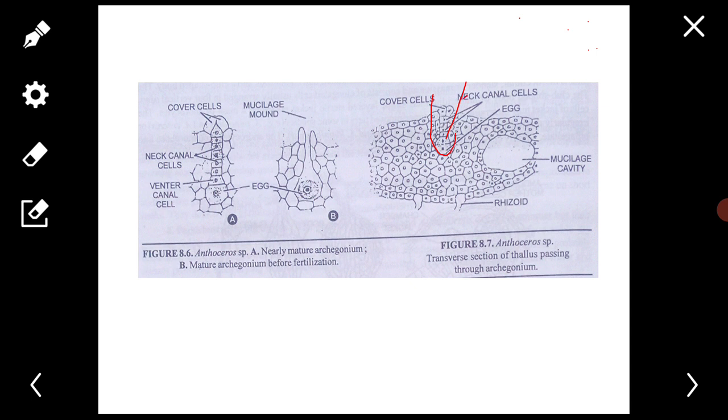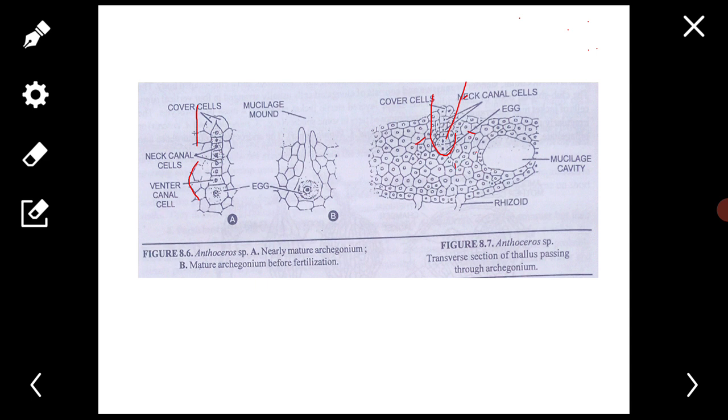The mature archegonium is embedded on the dorsal surface. It is a flask shaped body consisting of a venter and a neck, that is the venter and this is the neck. The cells of venter and neck are in direct continuation with the vegetative cells of thallus. These are the vegetative cells.